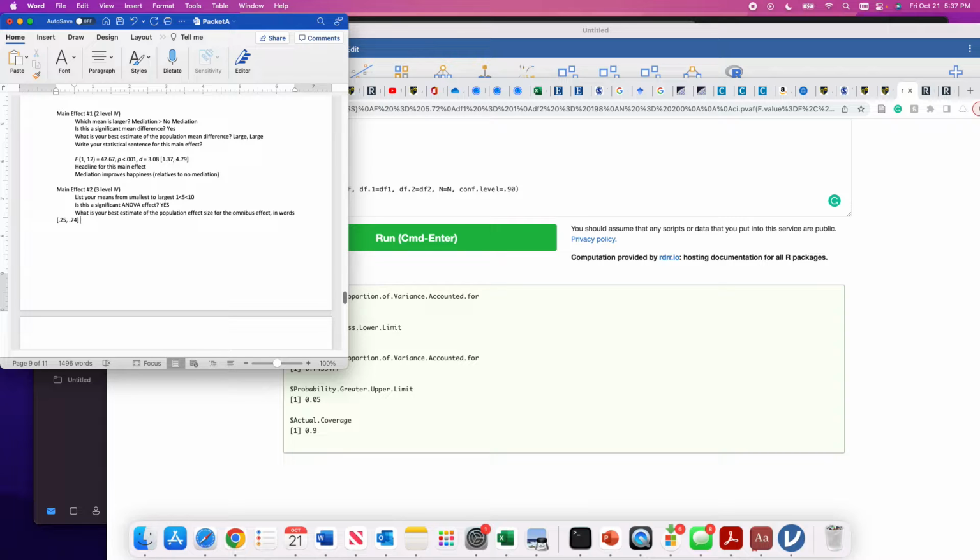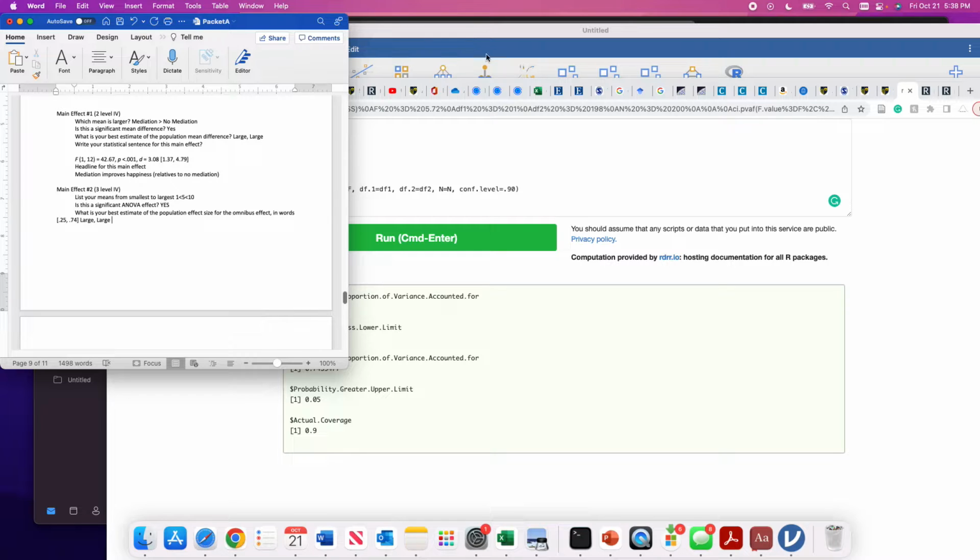In words, these are both large, so large and large. The population effect size for the omnibus effect, for the main effect of coffee on happiness, is a large effect. We know that that omnibus effect is large.